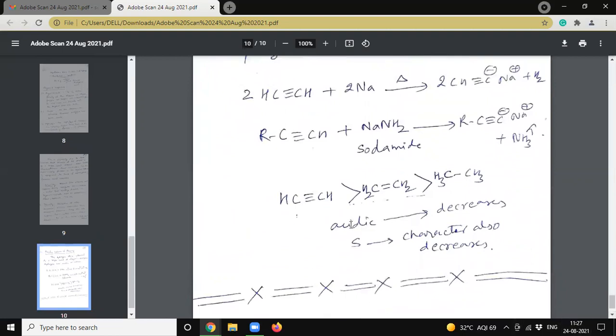See here, acidic nature is decreasing from alkyne to alkene to alkane, because here the s character is also decreasing. So this is all about the structure, method of formation, physical properties, and acidic nature of alkynes.